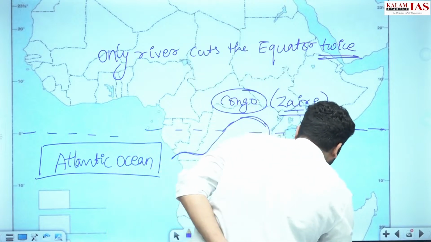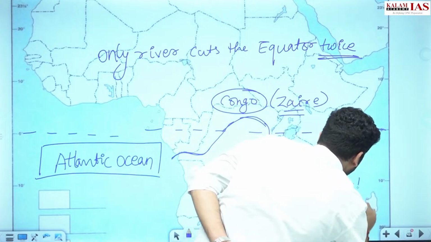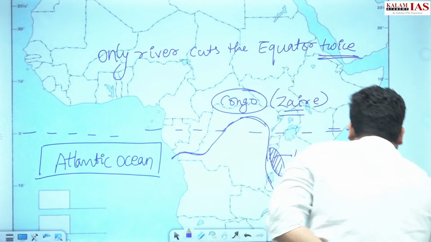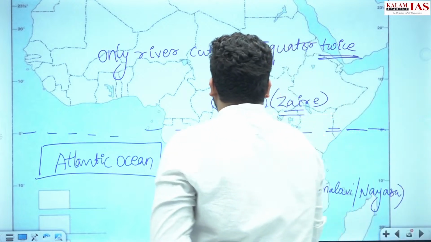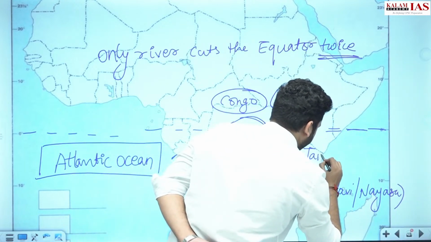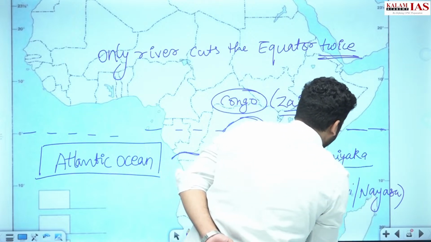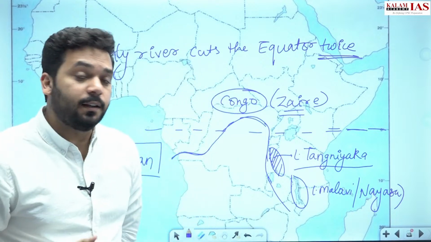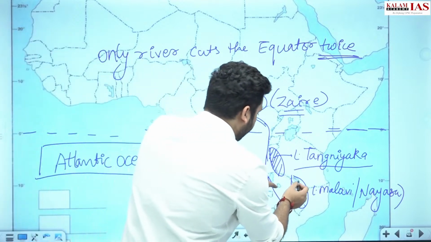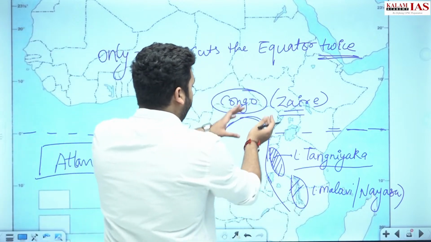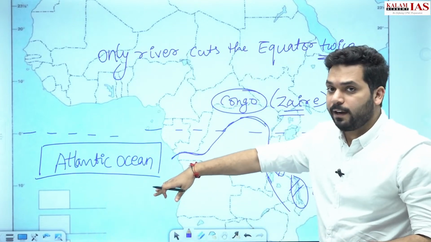Lake Malawi is also known by the name Nyasa. That was a slip of tongue earlier; Lake Titicaca is in South America. Between these two lakes, this river originates. It flows northwards, cuts the equator twice, then drains into the Atlantic Ocean.